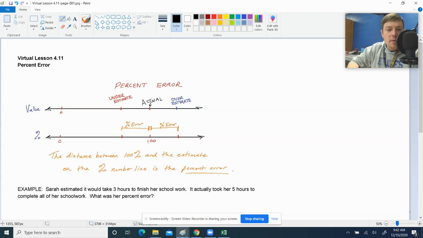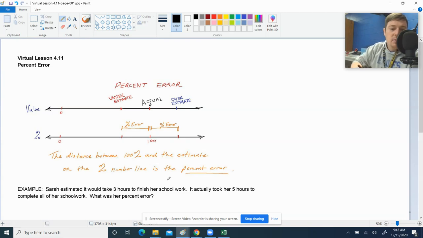And then there's going to be people that are over or underestimating that real deal thing. They're going to be off a little bit, and that's what we're measuring. We're measuring the percent error that they have based on how wrong they were, percentage wise. So you can see here the distance between 100% and the estimate that they made is the percent error.